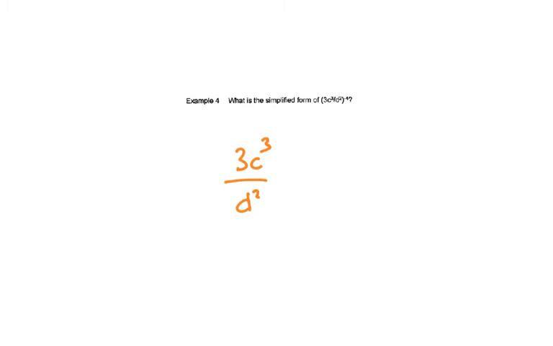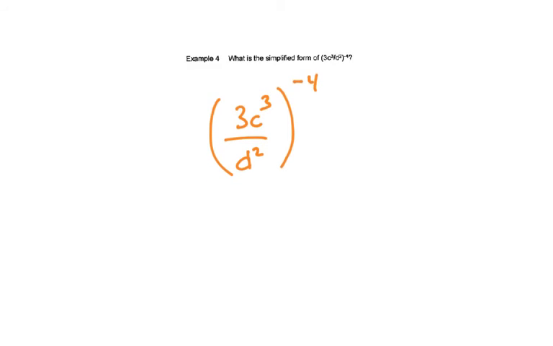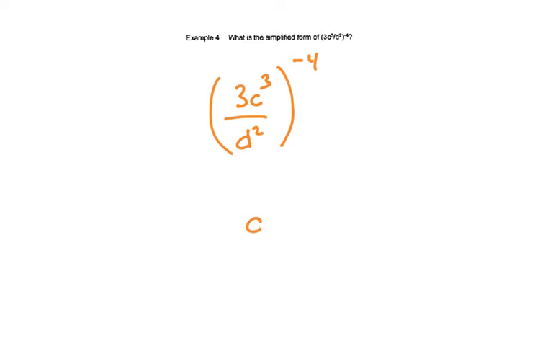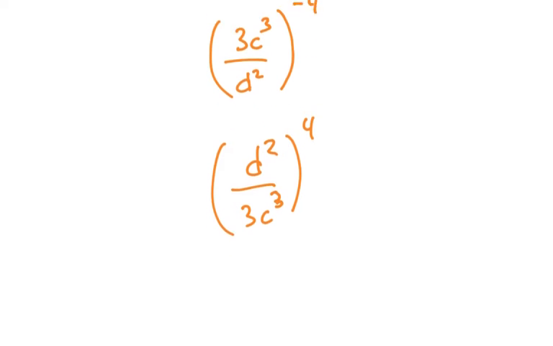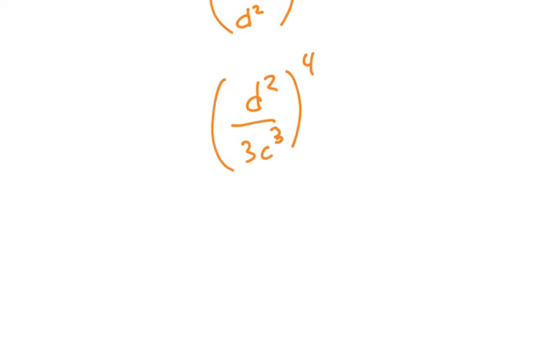Okay. And the last one, this one's very interesting. So what I would do is I would first play with the negative sign, which is a fancy way of saying reciprocal. So we'll notice that I flipped numerator and denominator.